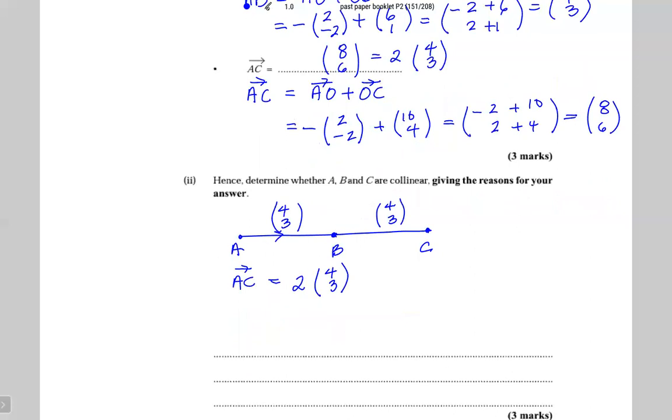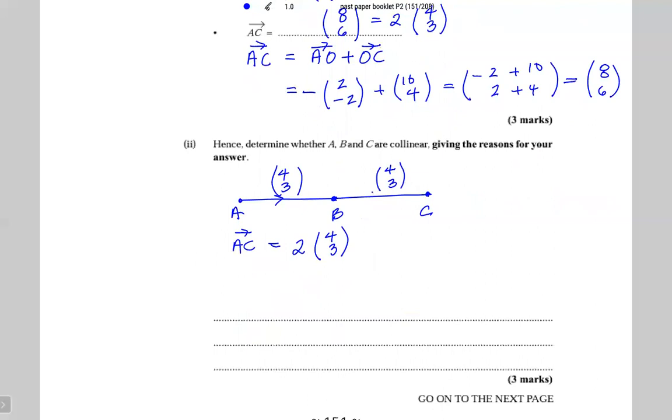So, hence determine whether A, B, and C are collinear. So I would say that AB is equal to BC, sorry, which is equal to (4, 3).